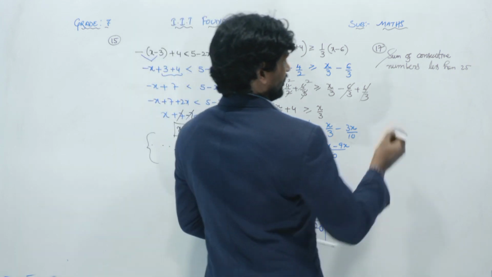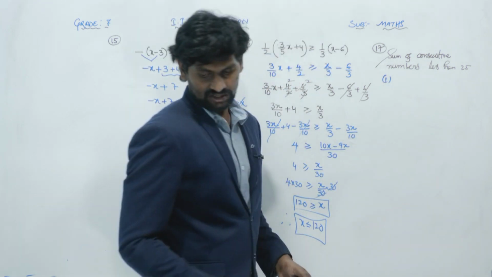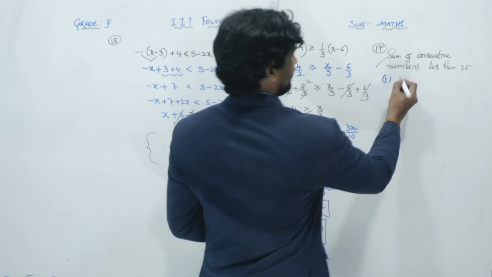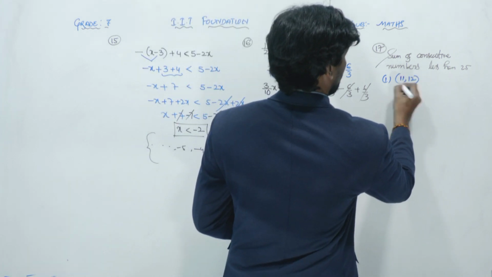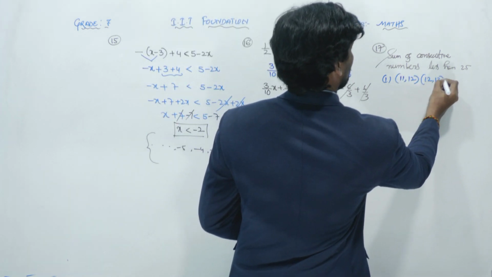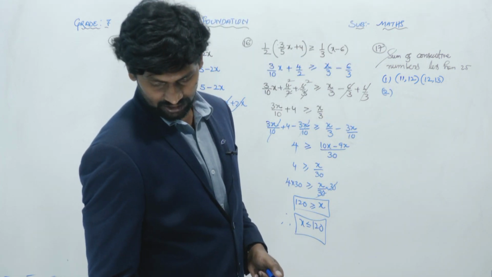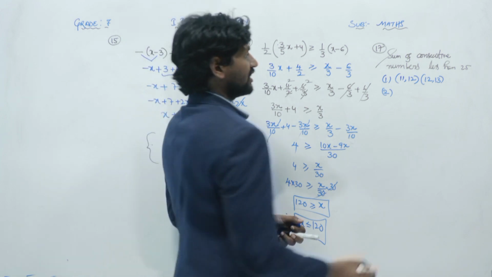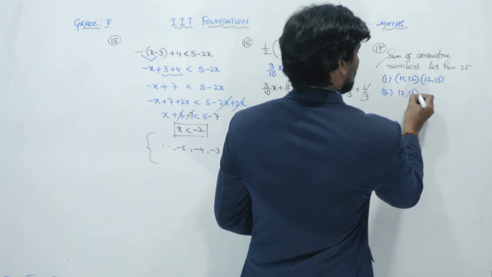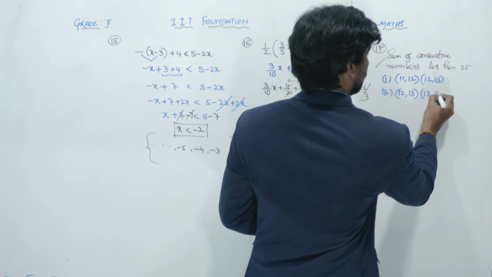The first option is 11, 12 and 12, 13. So 11, 12 are consecutive numbers, and 12, 13 are consecutive numbers. The second option is 12, 13 and 13, 14.